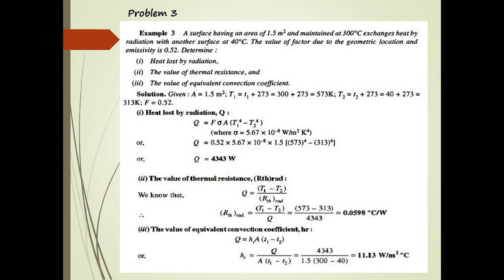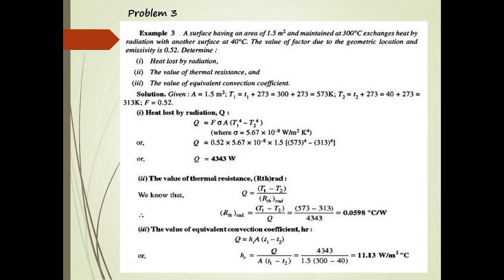So by the Stefan-Boltzmann equation, we can write heat lost by radiation Q is equal to F sigma A (T1 raised to 4 minus T2 raised to 4), where sigma value we must know, 5.67 into 10 raised to minus 8 watt per meter square Kelvin raised to 4.